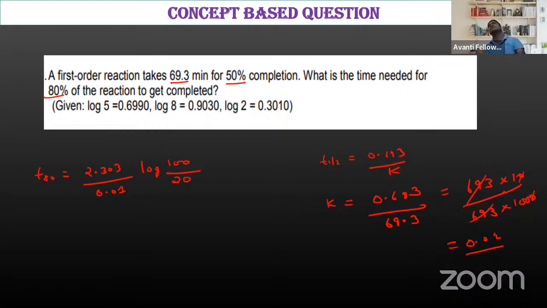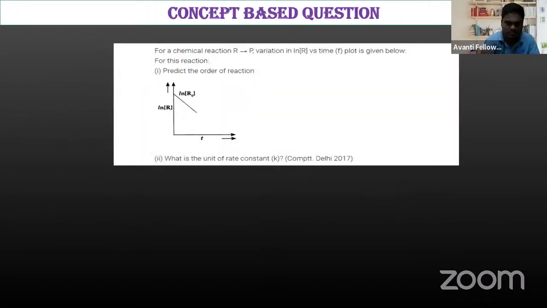And R becomes 100 minus 75, that is 25. So you solve this, it is very easy to solve: 2.303 divided by 0.01, times log of 100 by 20, which is log 5. We know the value of log 5, just put the value and you'll get the answer. So this is a very simple question.